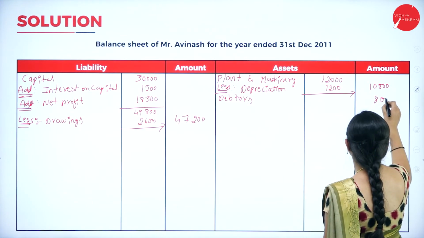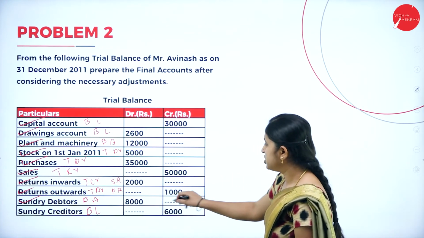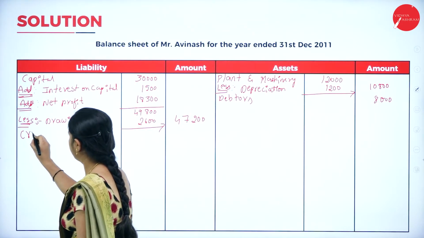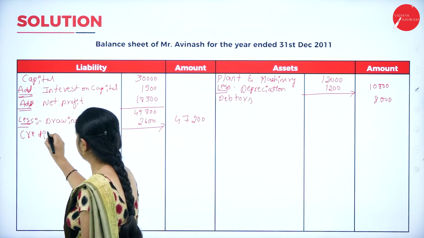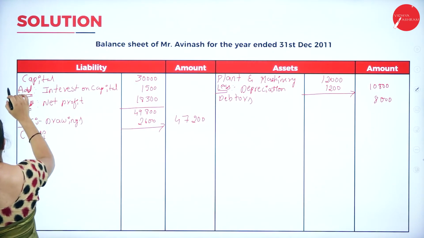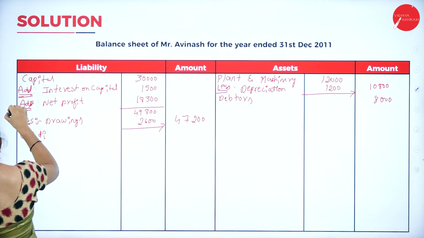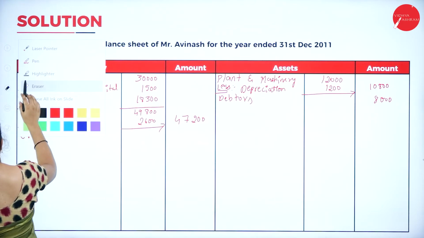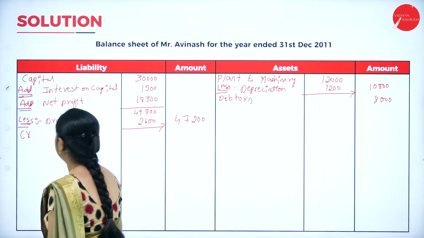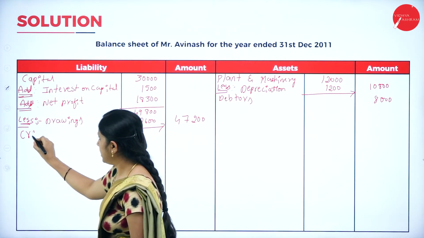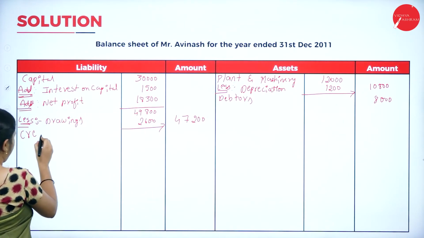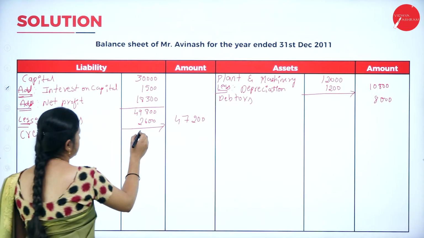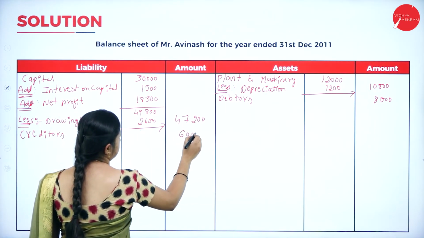Then creditors, balance sheet liability side, 6,000.